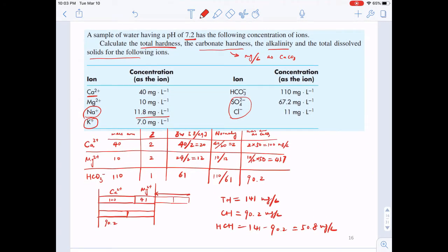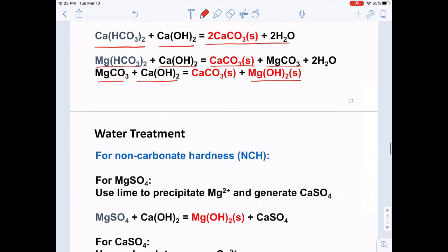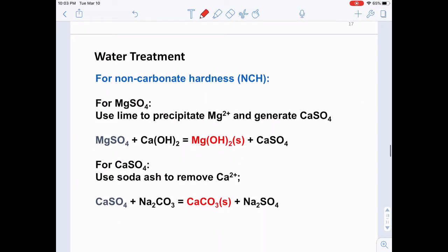So what happens to the non-carbonate hardness? For the non-carbonate hardness, we have to introduce more carbonate, which is sodium carbonate, to contribute to the removal of these species.